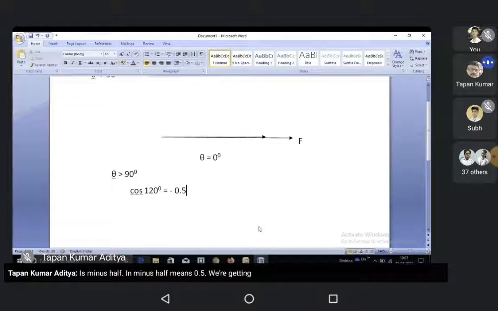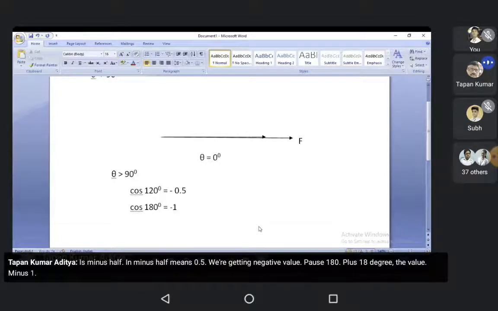We are getting a negative value. Cos 180 degree, does anybody know the value? Minus 1. Like that, if you take any value more than 90 degree, the answer will be negative.